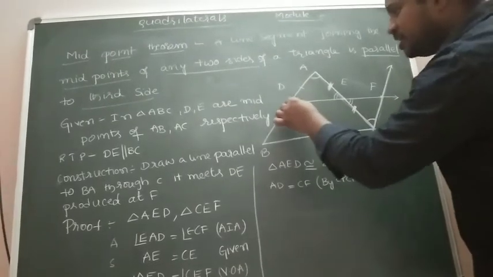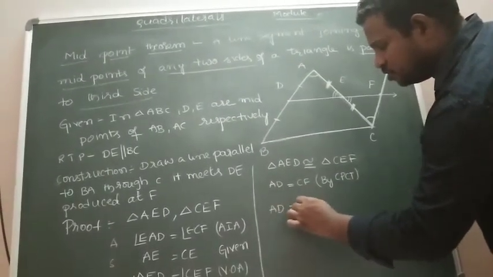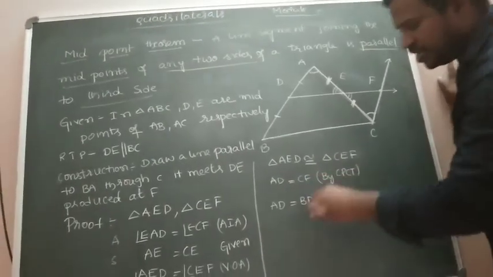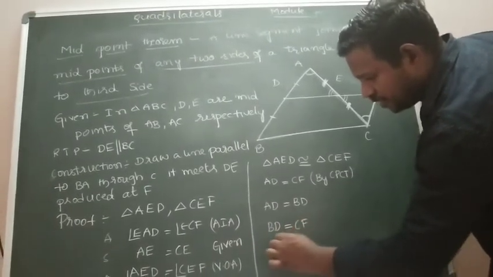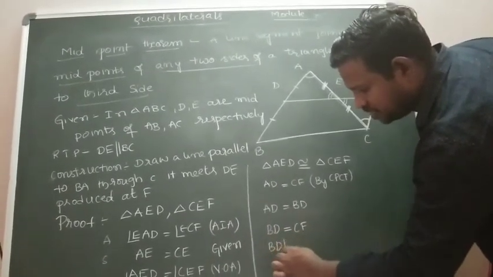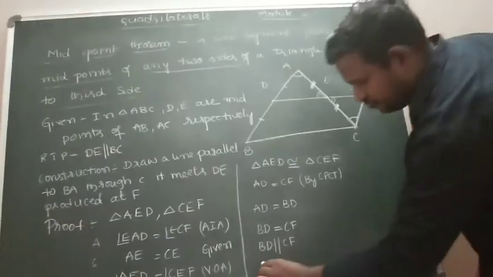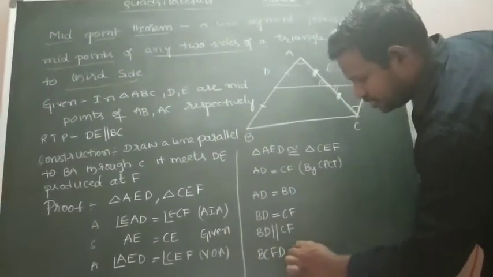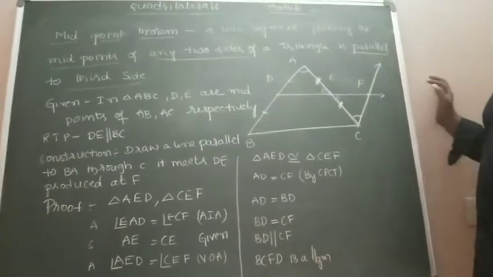Already it is given that D is the midpoint of AB. That means AD is equal to BD. From these two equations, we can write BD is equal to CF, and BD is parallel to CF from the construction. Therefore, BCFD is a parallelogram.